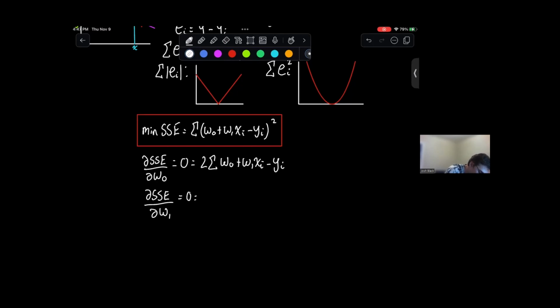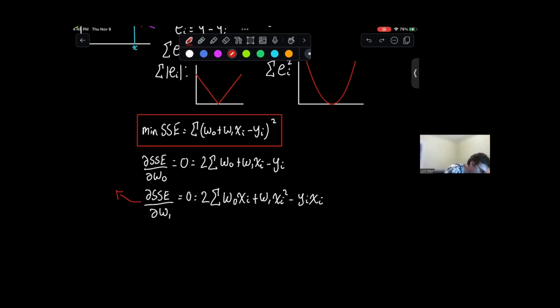That's equal to 0: 2 multiplied by the sum of (W0 x_i plus W1 x_i squared minus y_i x_i).